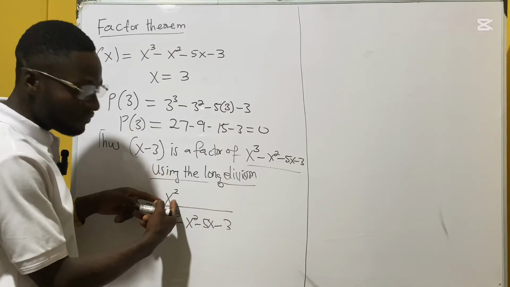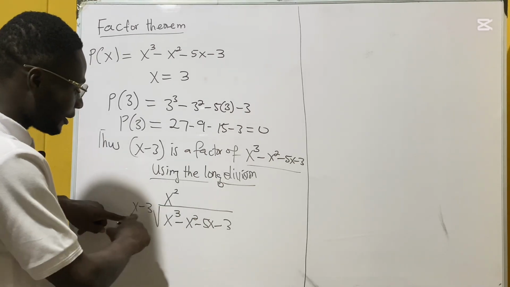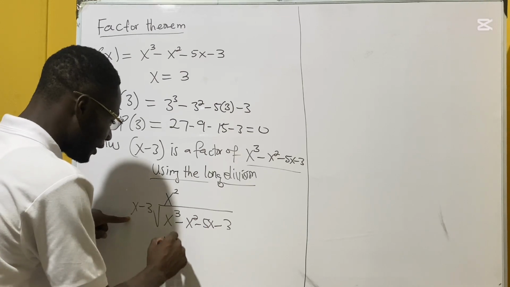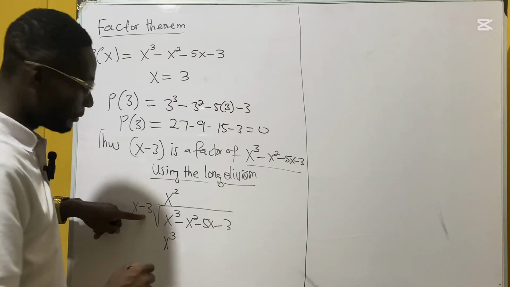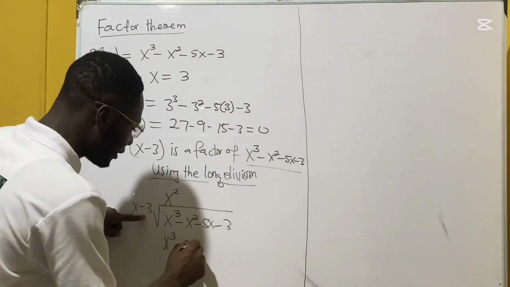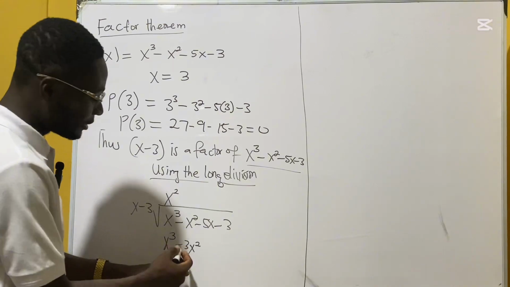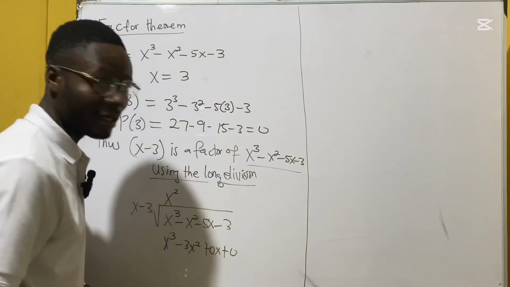This result multiplies everything here. So x squared times x becomes x cubed. Then x squared times minus 3 becomes minus 3x squared. Over here, we don't have any x term, so we have plus 0x plus 0 as a constant.